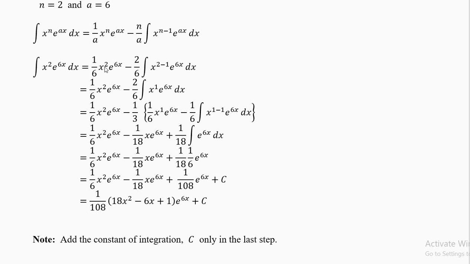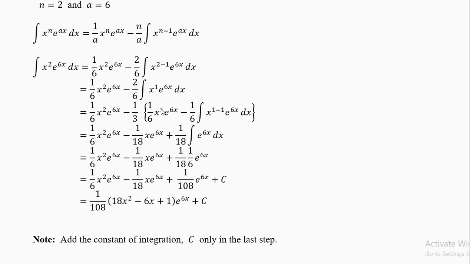Now you'll get, this is your algebraic term which you can keep copying in all the steps. Now you have this 2 by 6 will become 1 by 3. Now x power 1 e power 6x. Now again apply the reduction formula which is given in the question. You have 1 by a x power n into e power 6x.